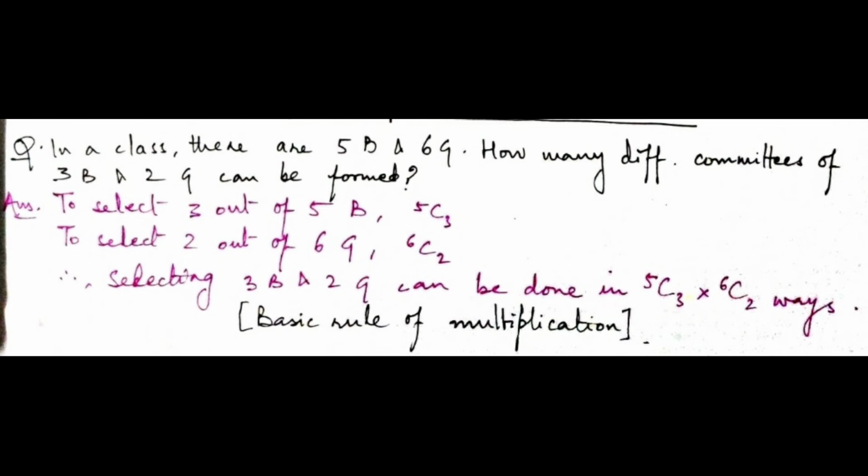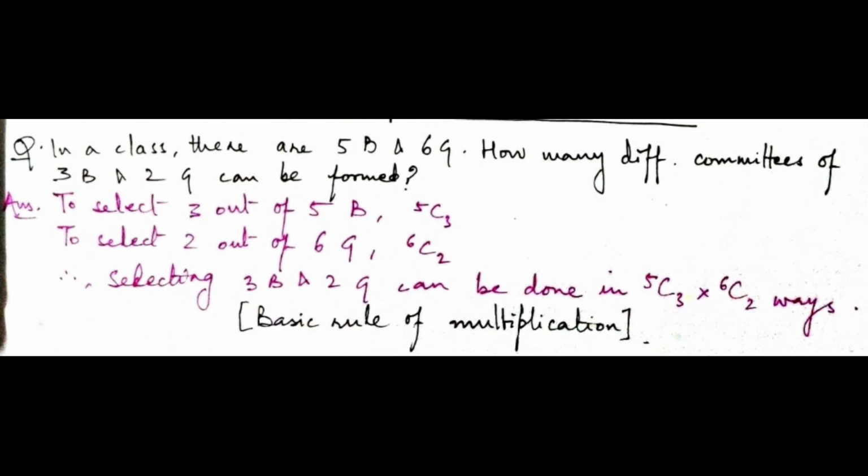Now let's take up a question to understand where we use permutation or combination. In a class, there are 5 boys, 6 girls. How many different committees of 3 boys and 2 girls can be formed? So what will we use here? Of course, we'll use combinations, because we are choosing.